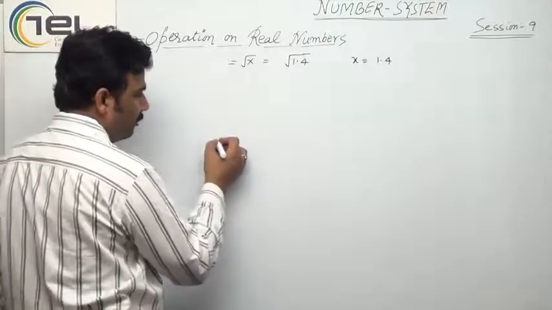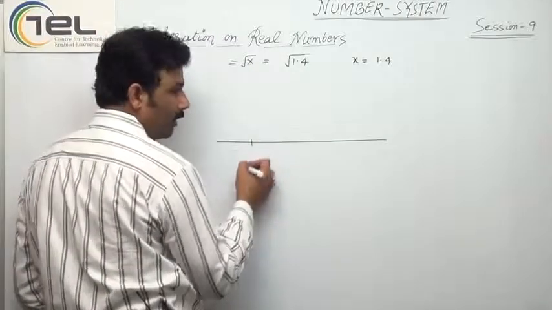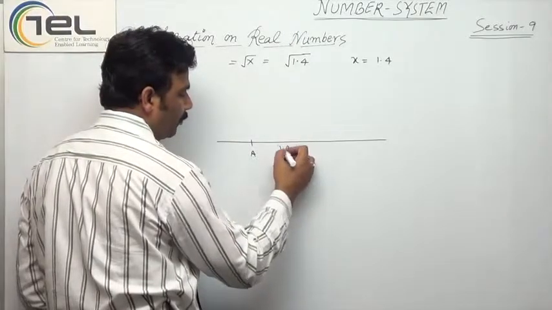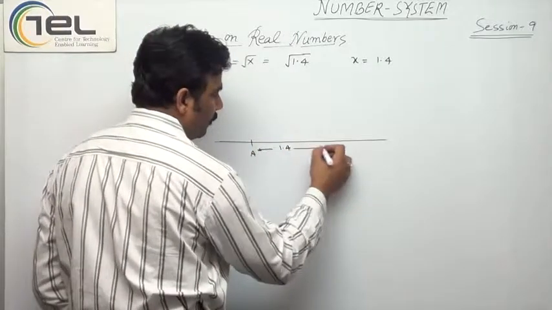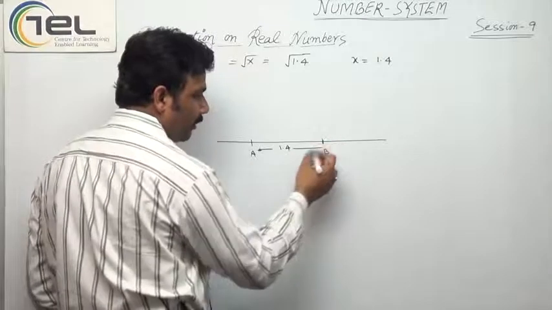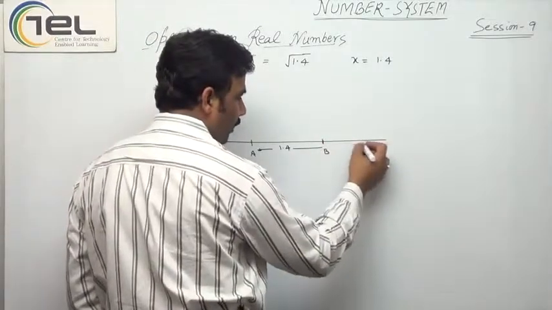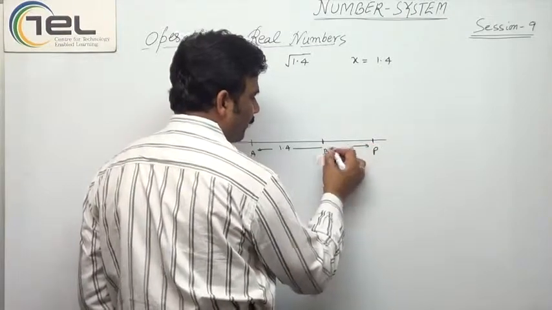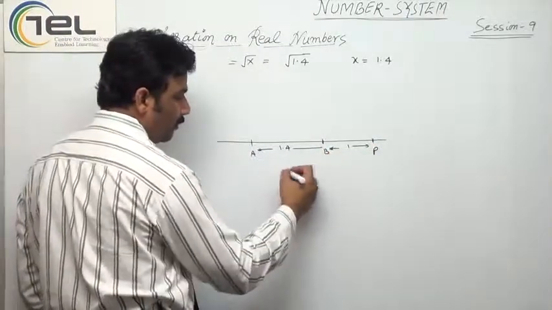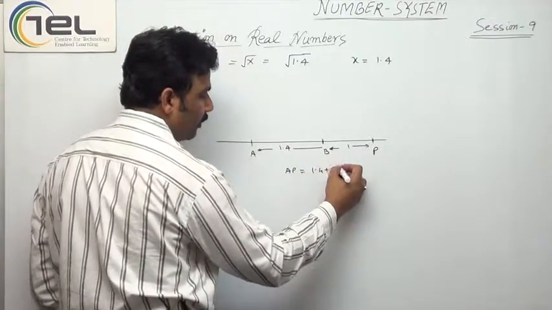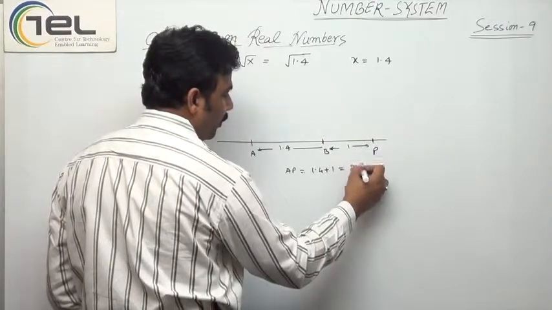First of all, on the number line, take point A here, I will mark 1.4 on the number line. This is B, and from B I will mark a P which is 1 unit. So AP is now equal to 1.4 plus 1, which is 2.4.